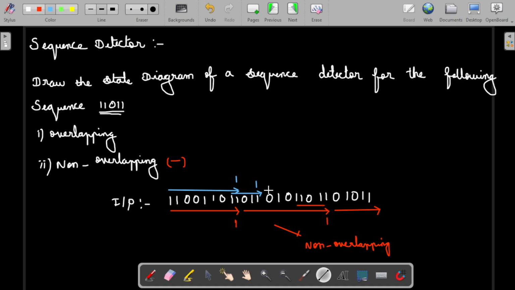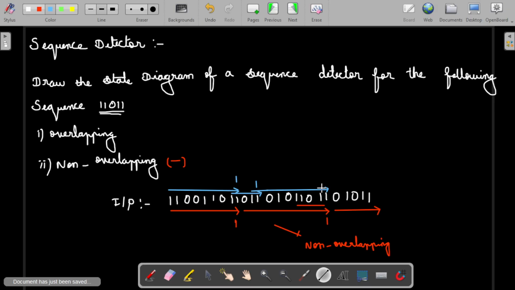Now what will happen? It will start again from this bit and keep on searching, and here another sequence is detected. Better still, the next sequence will start from here itself, because in 110 the 2 bits are already matched, so it picks the best possible start.